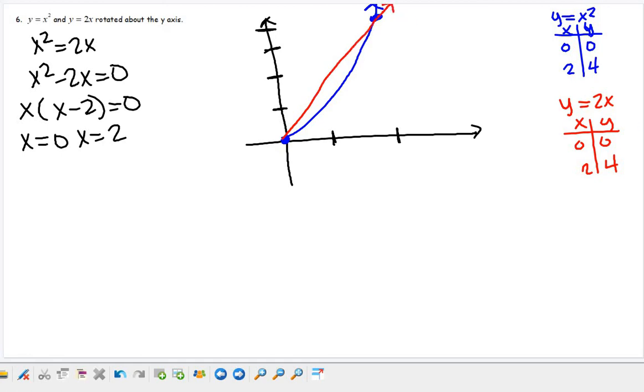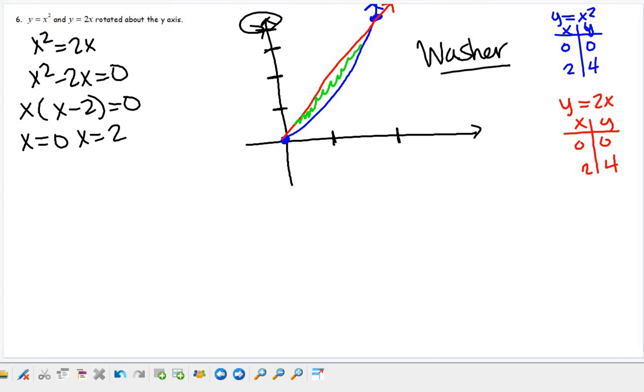And we are going to rotate, which means the area that I'm looking at is between the 2, right? And we are rotating about the y-axis. So this is very obviously a disc. I mean a washer, sorry. Okay.